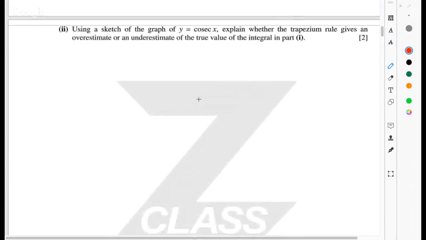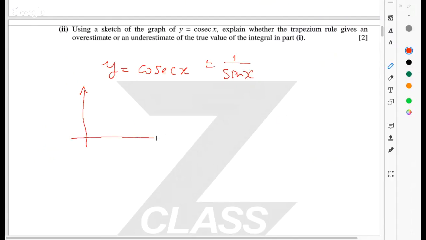Question 2 is more interesting. Sketch the graph of y equals cosec x, which is 1/sin x. When you're sketching this kind of composite graph, it's helpful to start with the graph you know well. So let's try sin x first. That's meant to be more rounded off.